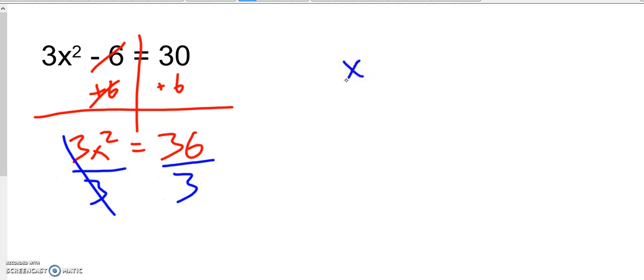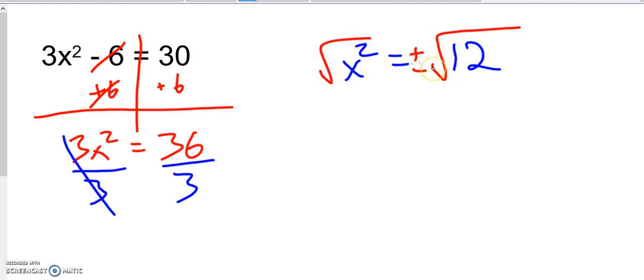So we get x squared equals 12. We know that this is going to have to be an irrational answer because 12 is not one of our perfect squares like 16 was. So when we square root, we will again have to put the plus minus.